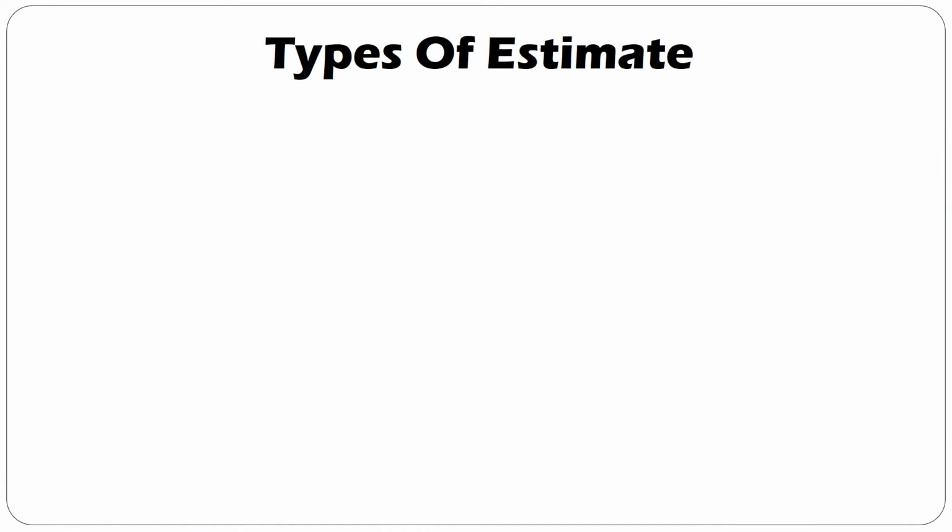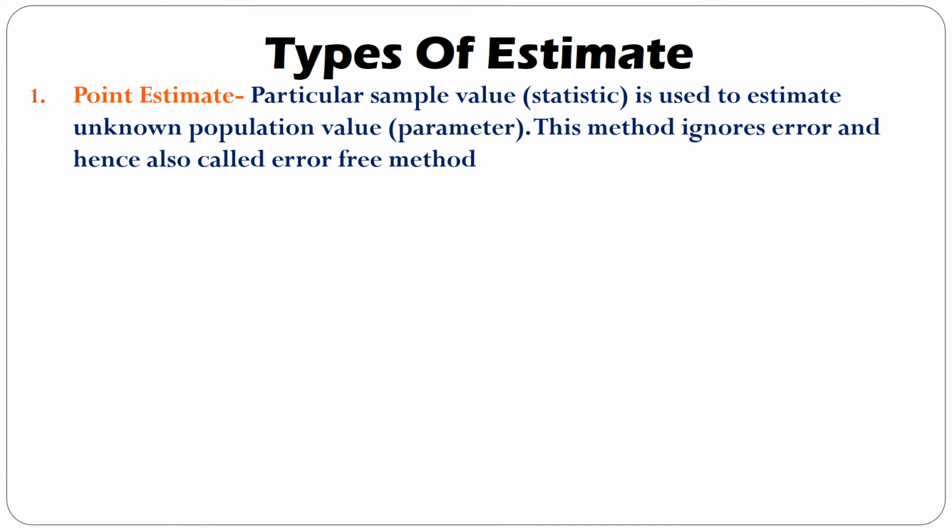Types of estimate. There are 2 types of estimates, and they are point estimate. Point estimate is a particular sample value. A statistic is used to estimate an unknown population value, that is the parameter. This method ignores error and hence is also called the error-free method.